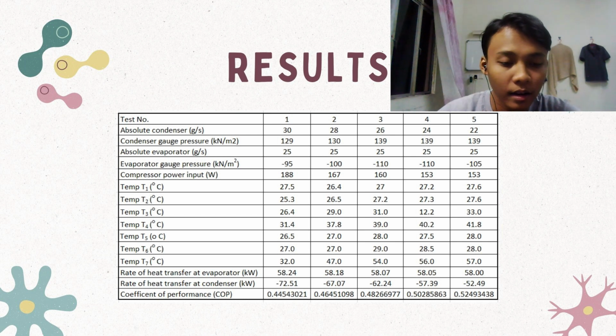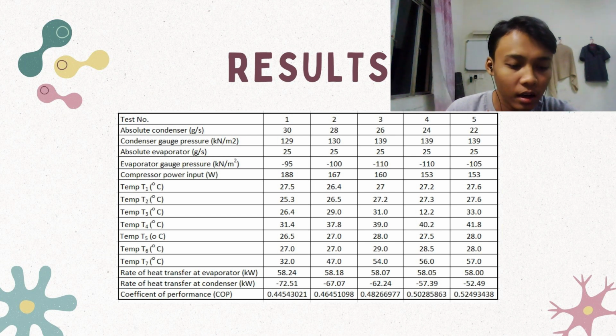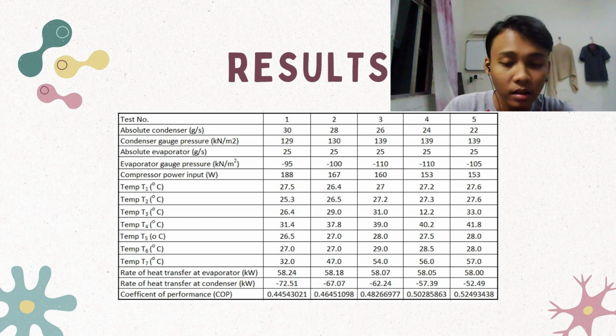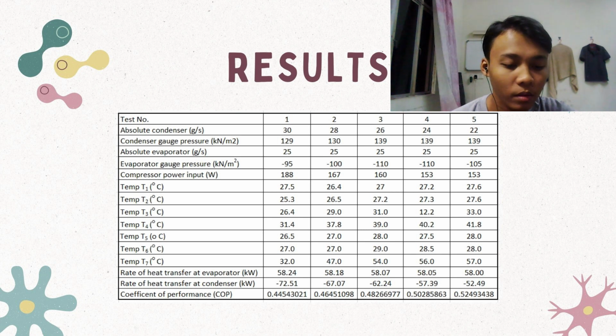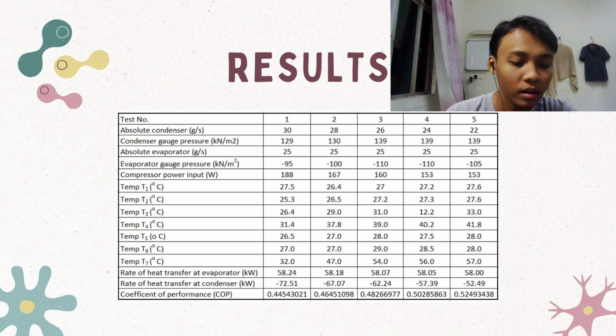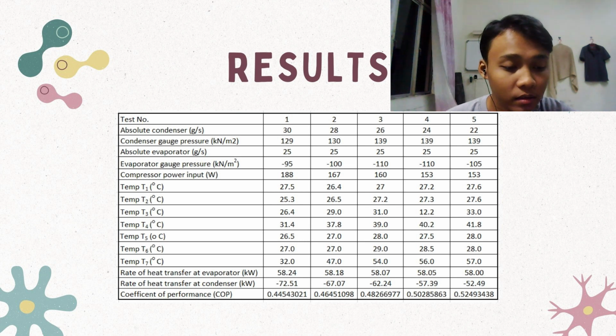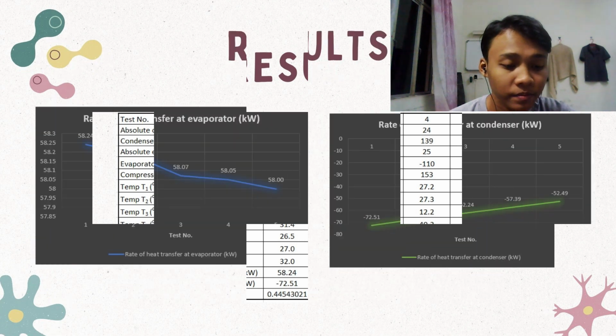Hi guys, my name is Mohammad Izril. Today I will present the results that we got during the experiment and the safety procedures, the procedure that we did throughout the experiment. This is the result that we got during the experiment.